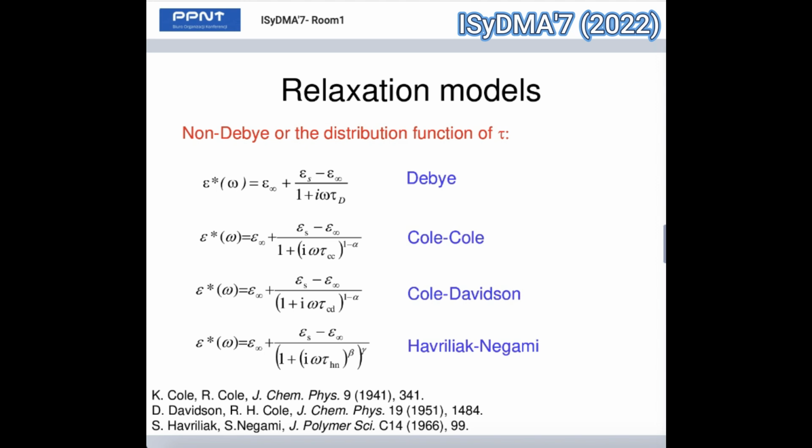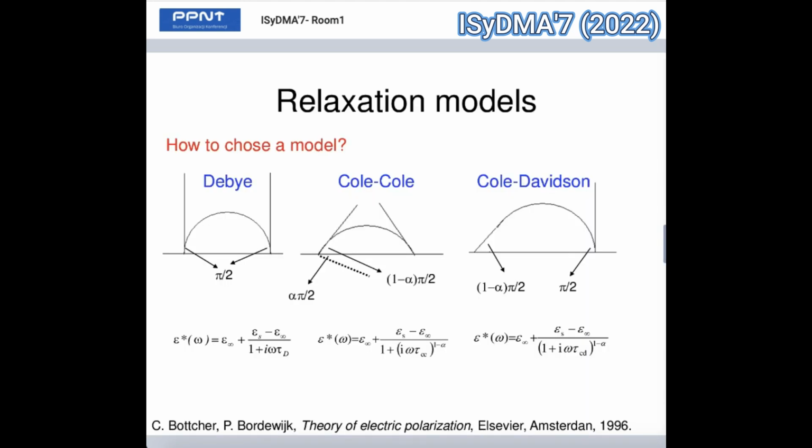In any other case, you can also use two exponents here, which mixes the Cole-Cole with Cole-Davidson functions, that we call Havriliak-Negami. So there are other functions, but usually it's enough to decide what kind of model we can have, and let's say how to choose exactly this model. So how to choose the model?